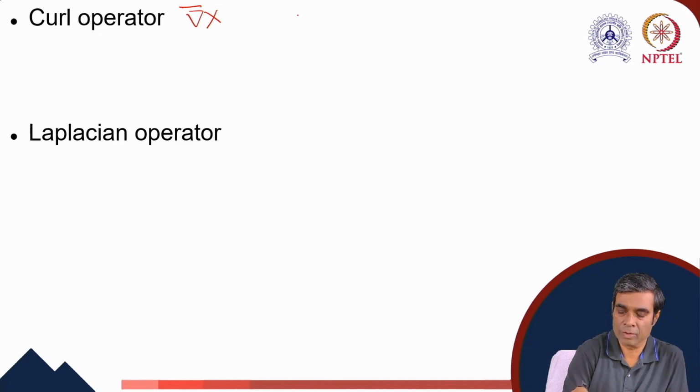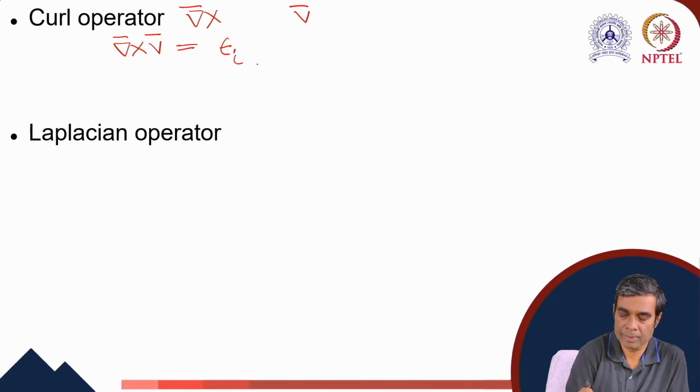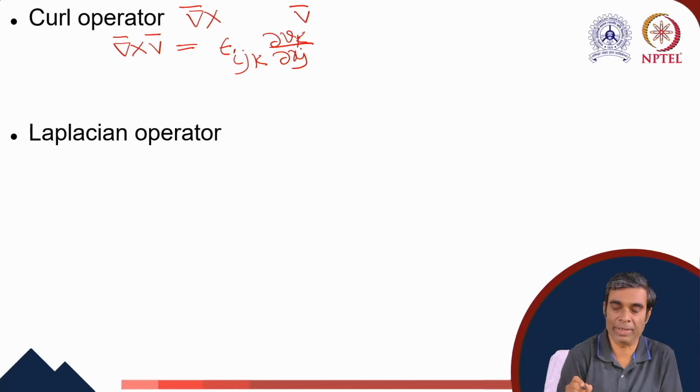So if we consider a vector v bar and if we take curl of this vector, then we can write it as epsilon ijk del vk del xj, where the quantity epsilon ijk is known as the alternating tensor.